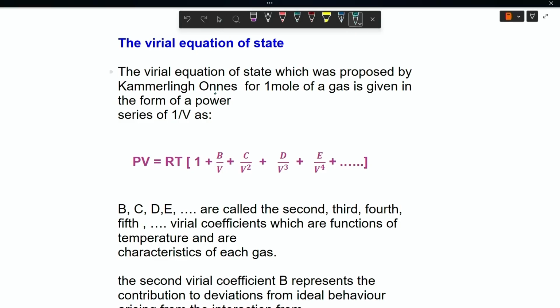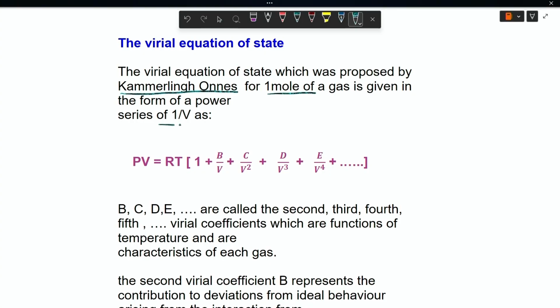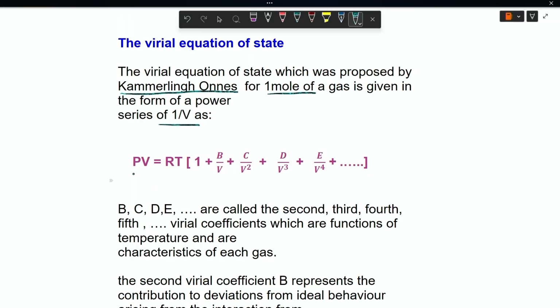The virial equation of state was proposed by Kamerlingh-Onnes, and for 1 mole it gives an expression in which we have a series of 1 by V terms in different powers. The expression is as follows: PV, that is pressure into volume, is equal to RT, where R is the universal constant and T is the absolute temperature, into 1 plus B by V plus C by V square.